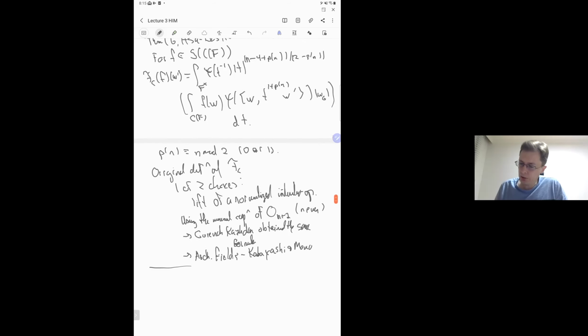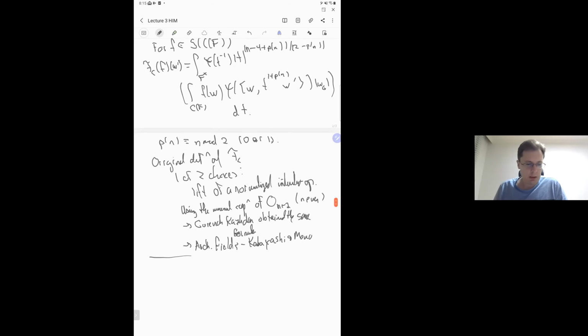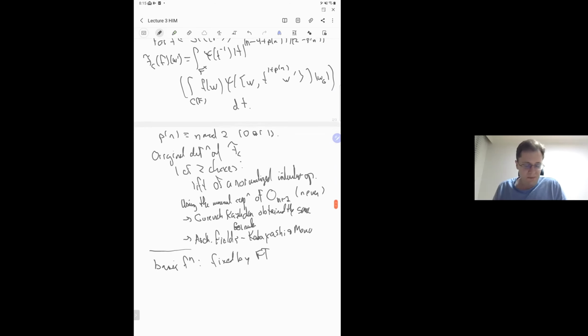So let me also mention while I'm here that you could ask, well, what's the basic function in this case? So the basic function, remember, is something that you want to be fixed by Fourier transform. And this is some non-Archimedean gadget. And it turns out that the formula is the sum over k equals 0 to infinity of q to the (k n minus 2) over 2.